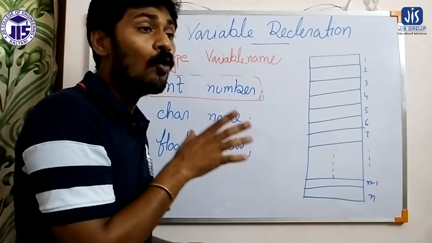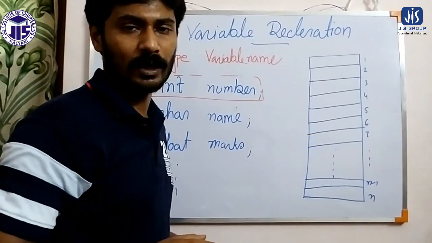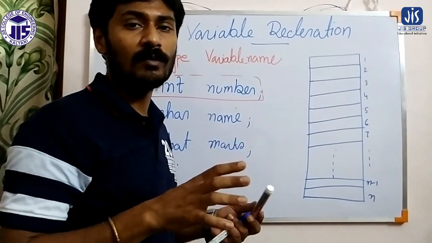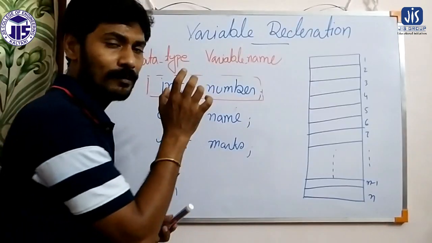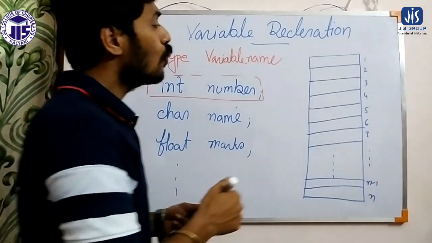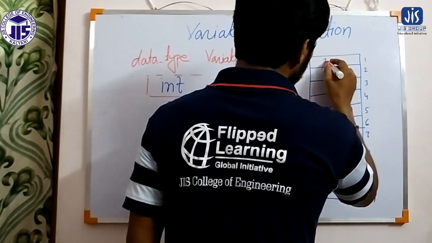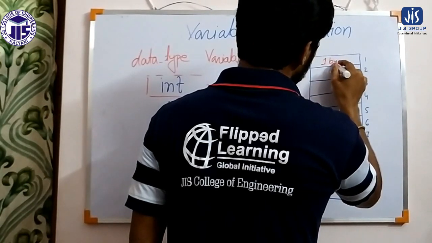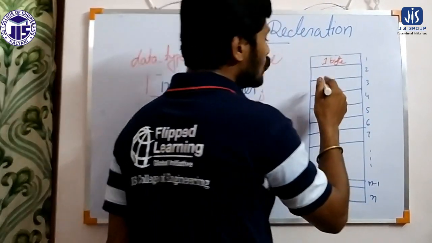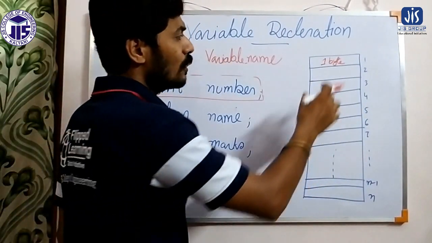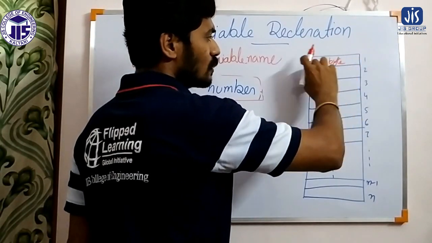Now the question is, what amount of memory will be allocated to that particular variable? So if I say every one location can store 1 byte, each location can store 1 byte, this location can store 1 byte, this location can store 1 byte.